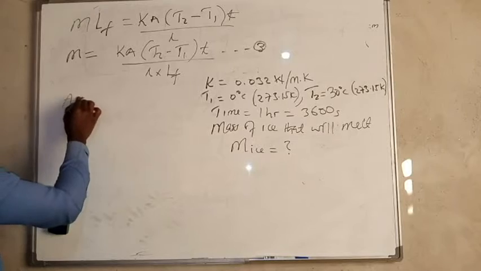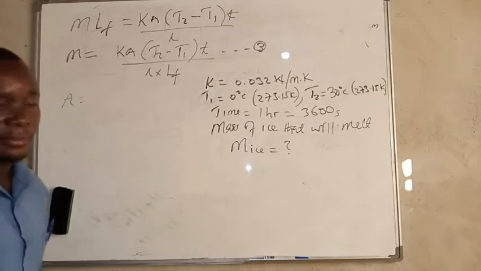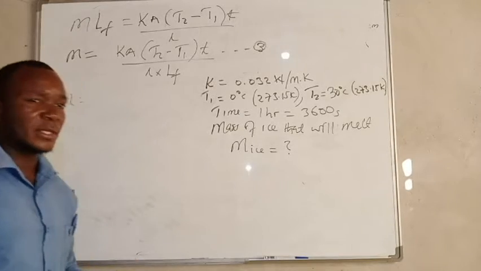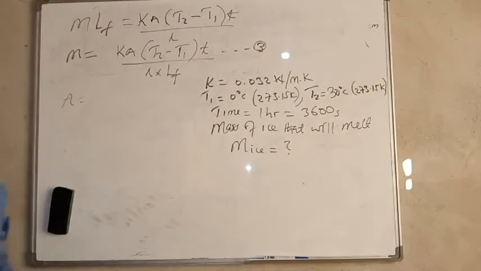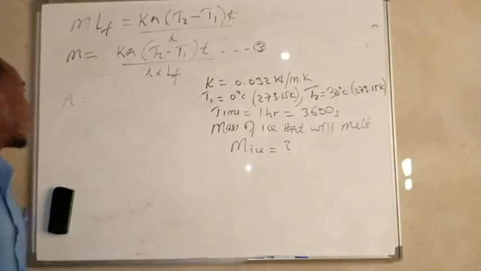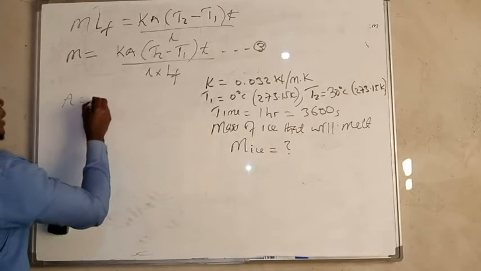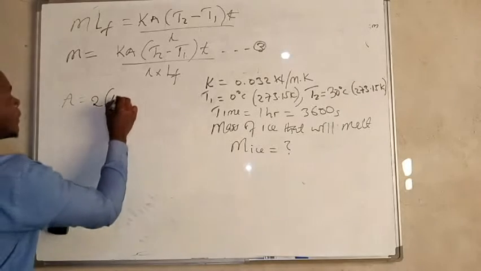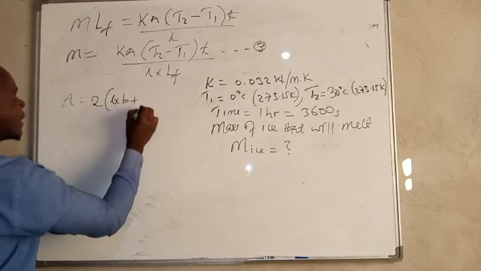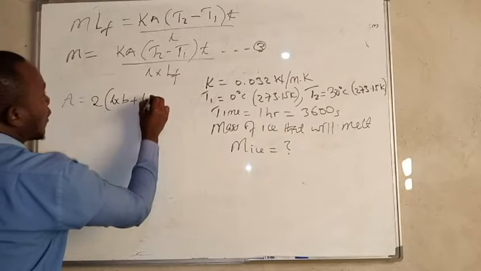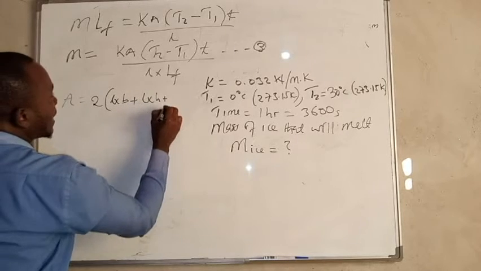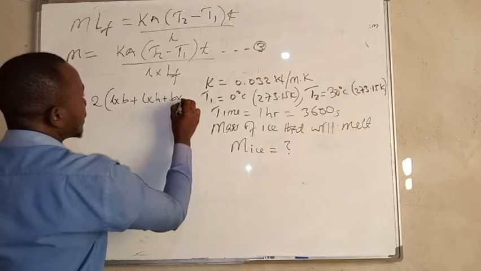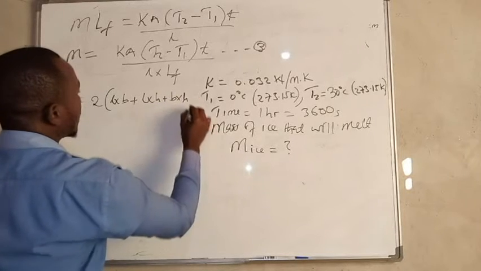Since it is a closed box and we want the total surface area, the area is equal to 2 times (L times B plus L times H plus B times H).